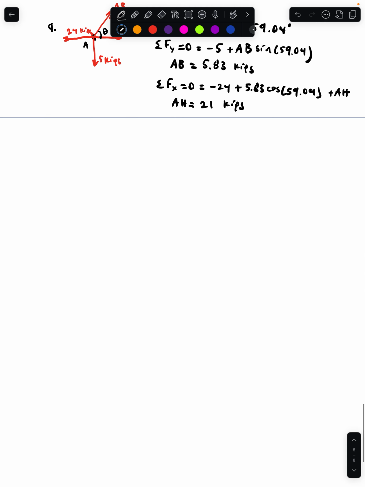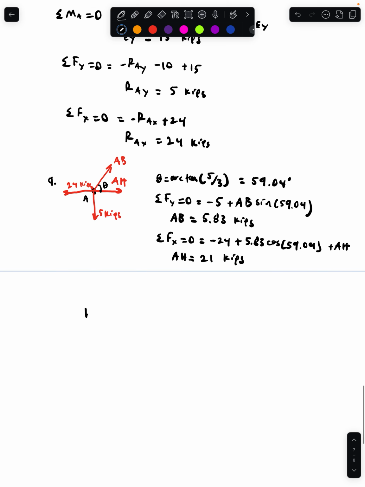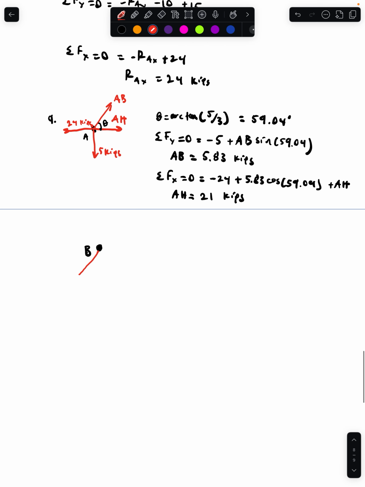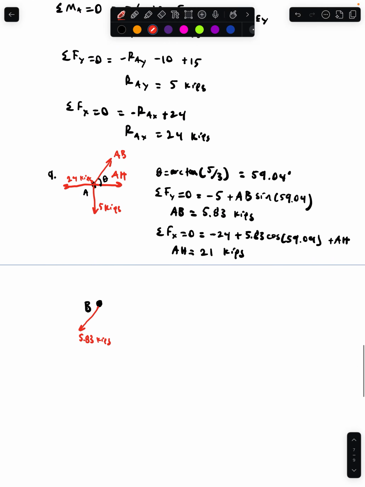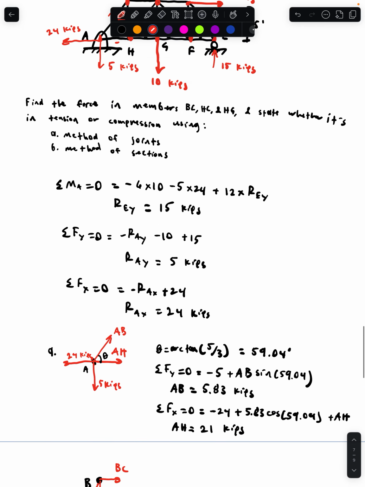So let's go ahead and look at joint B now. So we have our force AB right here, which is 5.83. And then we have BC and BH. Make sure I drew those right, yep.